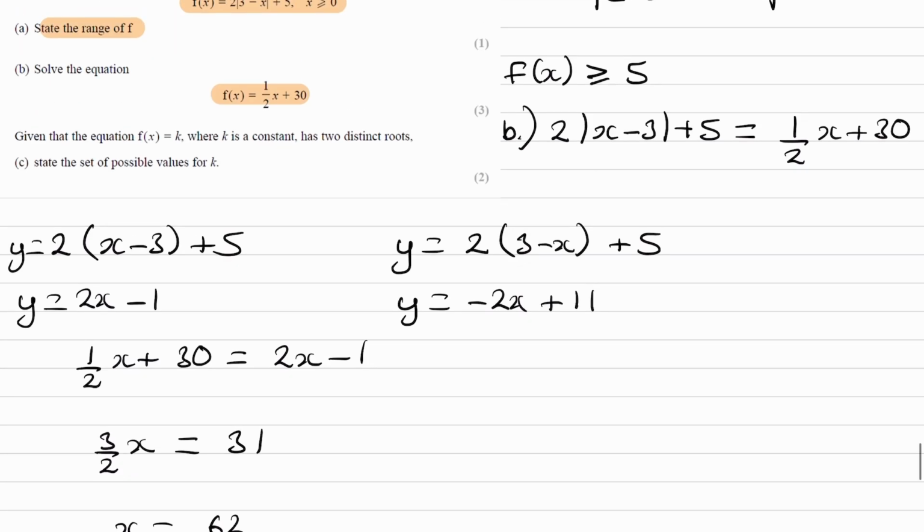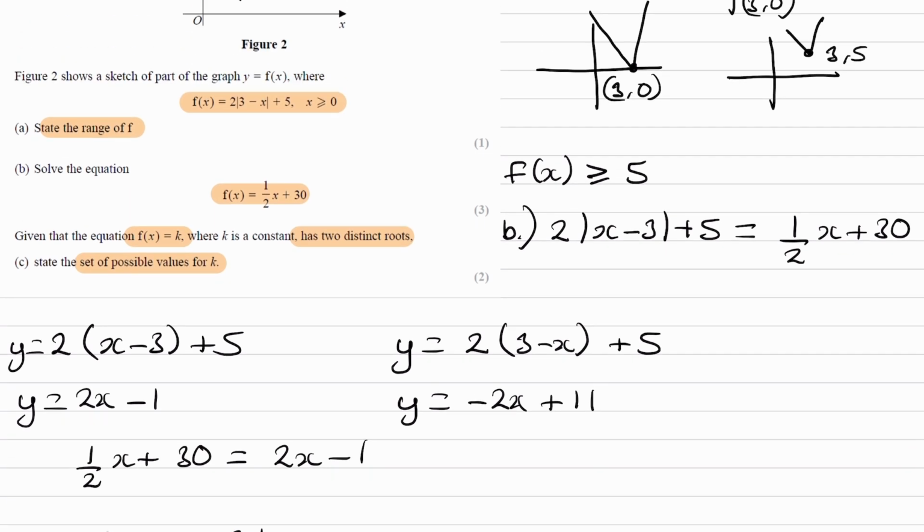Right, so it says, given that the equation f of x is equal to k, where k is a constant, has two distinct roots, state the set of possible values of k. Okay, so f of x is equal to k. Again, f of x is this function over here.